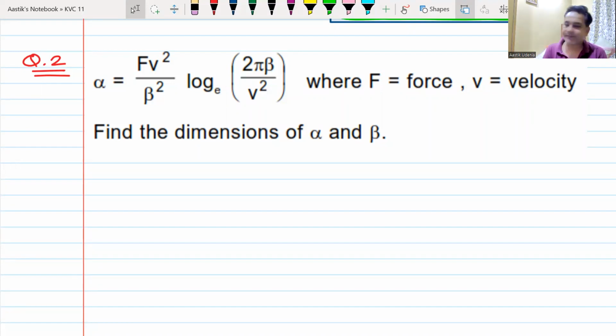Alpha again, alpha. Alpha is f v square by beta square log to the base of e, Euler's number, we call it natural log, 2 pi beta by v square. What we know are this: f is force and v is velocity. You have to find out the dimensions of alpha and beta.